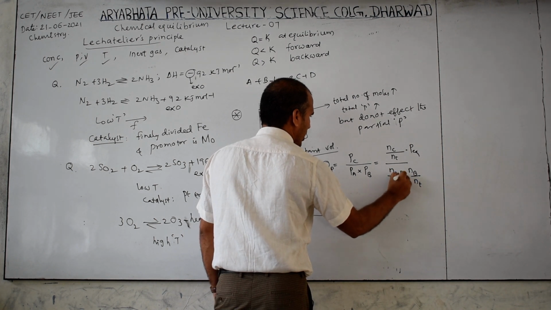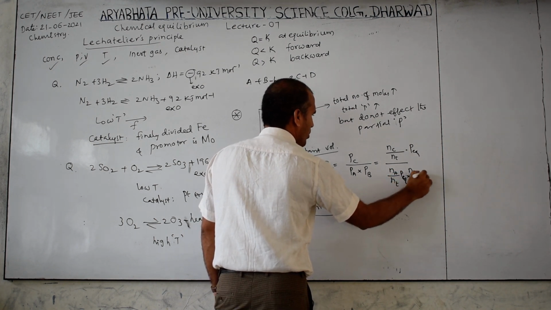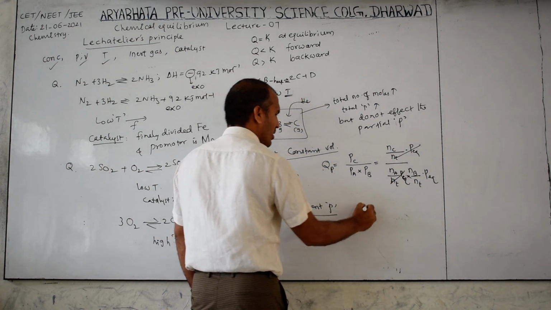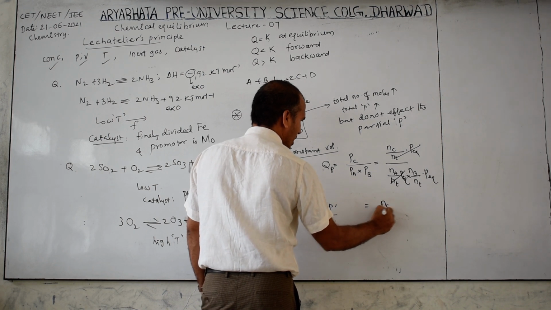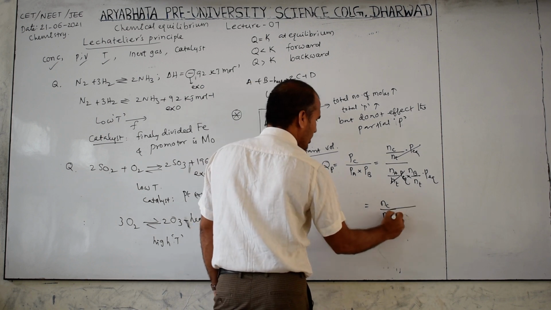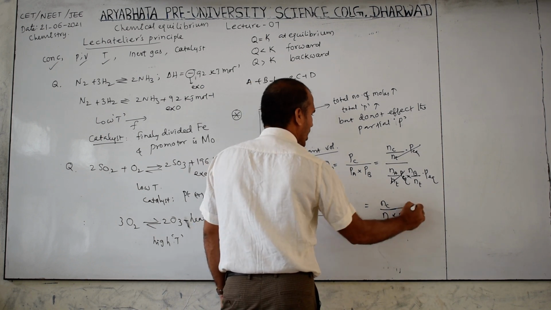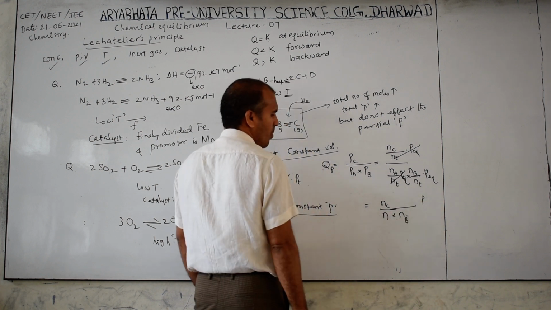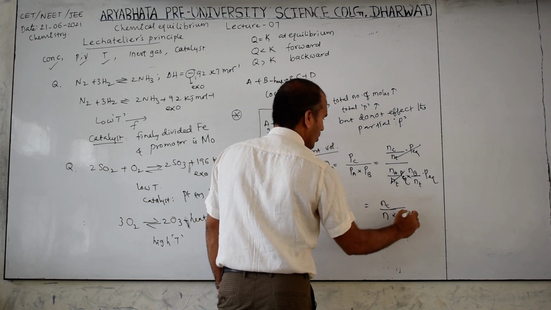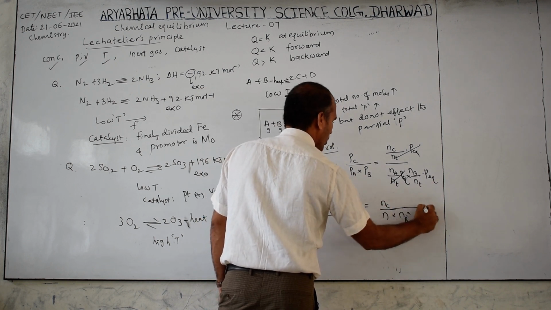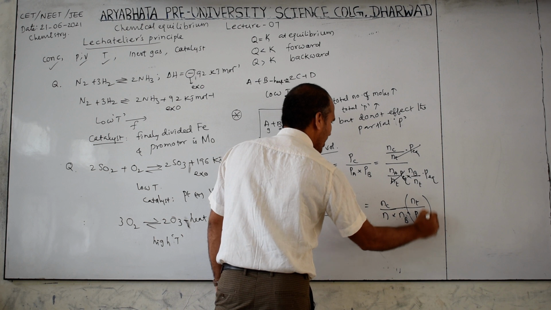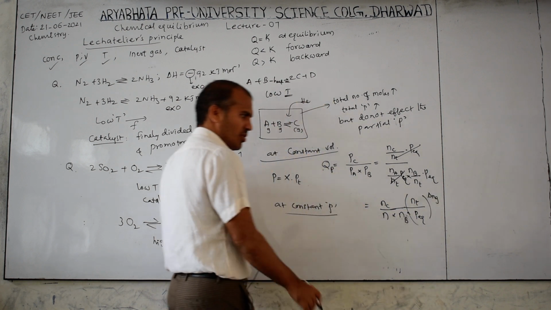Here also I forgot to write P equilibrium. Then this is cancelled. What is left here is NC by NA into NB, and P equilibrium by N total.